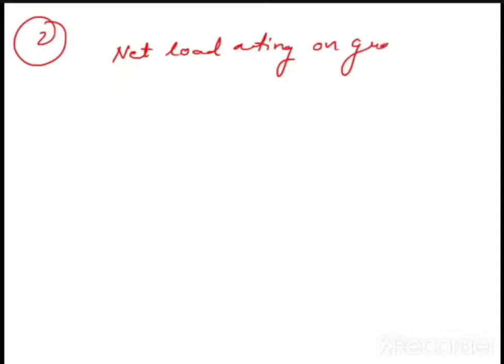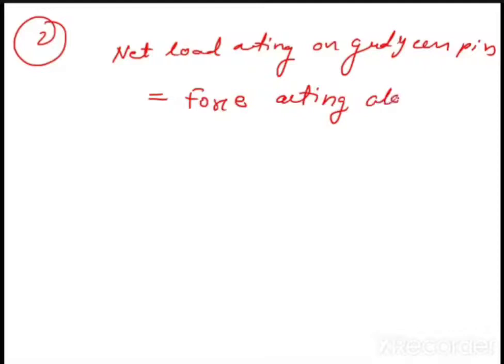ओके, चलो नेक्स्ट. आता नेट लोड acting on gauge P. So remember that net load acting on the gauge P is always equal to a force acting along connecting rod. It is nothing but FQ.